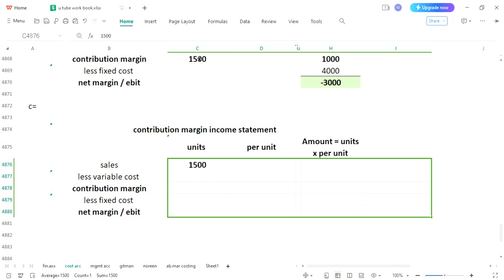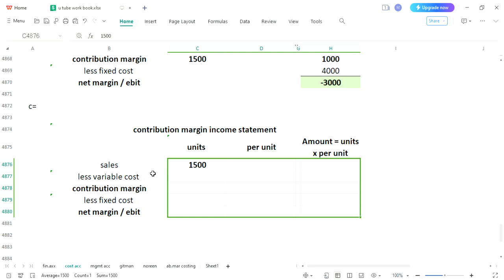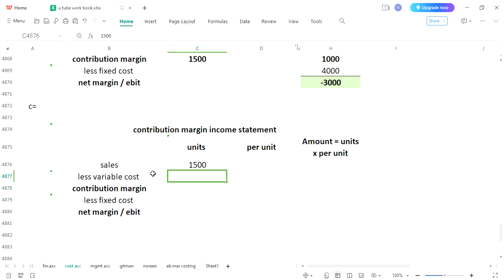Number of units would be the same. So it means whatever you will use as number of units for sale, the same number of units would be used for variable cost, and for contribution margin, same numbers we will use.